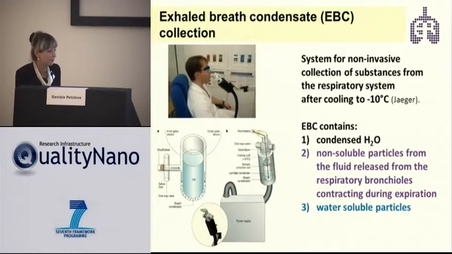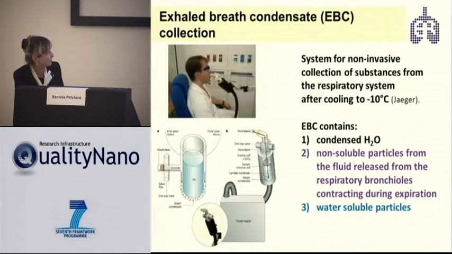It's a non-invasive examination where the person sits for 10 or 15 minutes and breathes tidally, peacefully, into a cooling device where the vapors from the breath are cooled to minus 10 degrees centigrade, and the nose is clipped to exclude upper airways contamination. Then the fluid cooled is frozen to minus 80 degrees centigrade and analyzed.